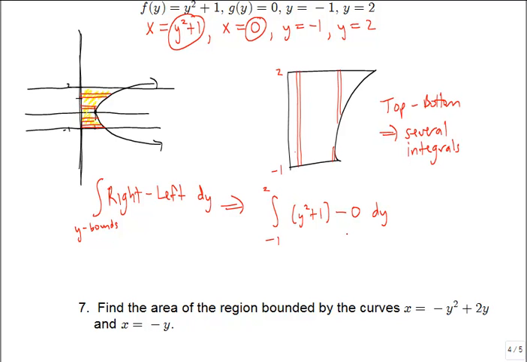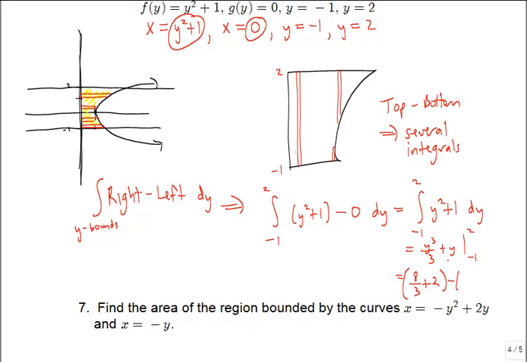So in order to actually integrate this, this is just the integral of y squared plus 1 dy. And everything in here is in terms of y's, the formula, the dy, and the bounds. So to integrate, this just becomes y cubed over 3 plus y. If I plug in 2, 2 cubed is 8, so this is 8/3 plus 2.